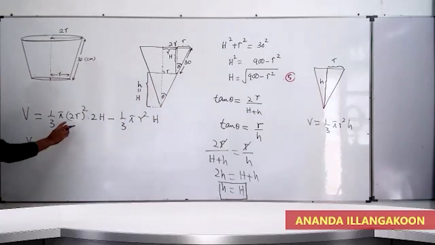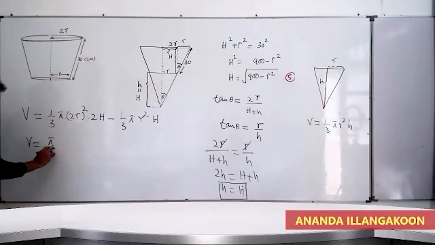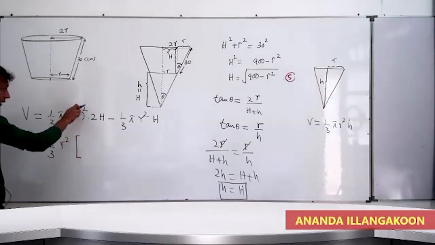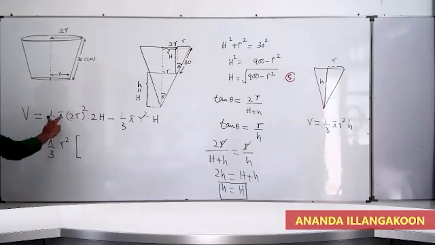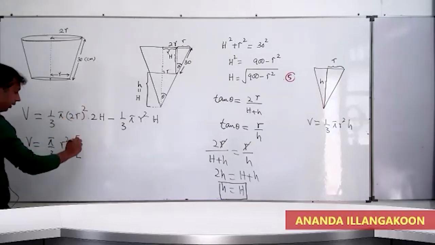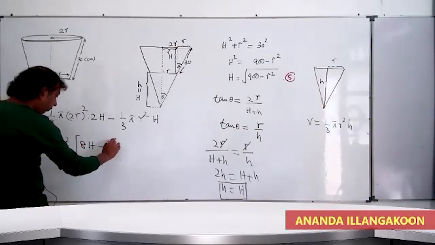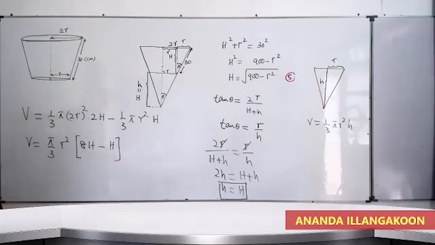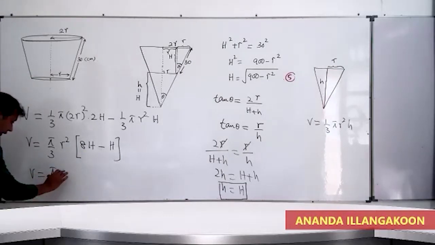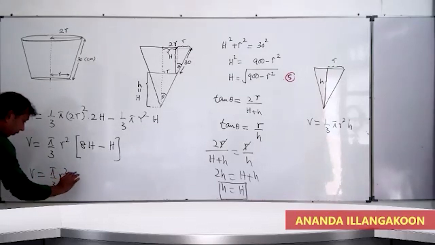We get pi by 3 r squared. We can take out 2 squared is 4. Pi by 3 r squared we take out. 2 squared 4 into 2 is 8 H minus H. Then here we get V equals pi by 3 r squared times 7H.